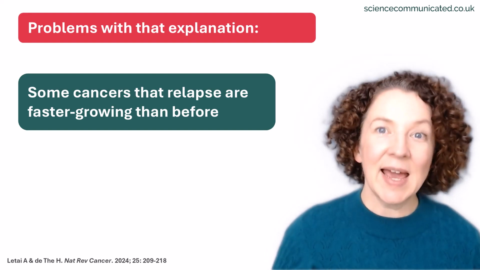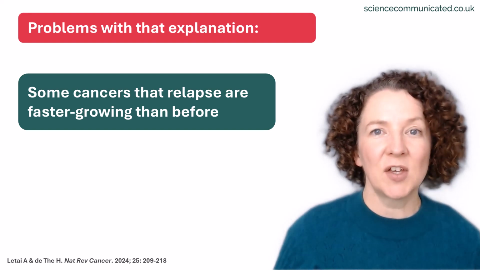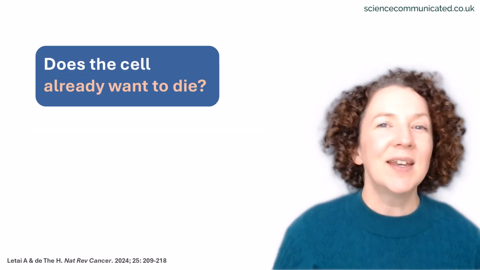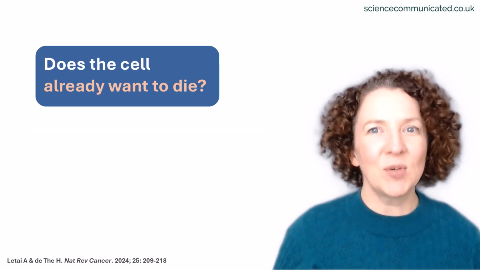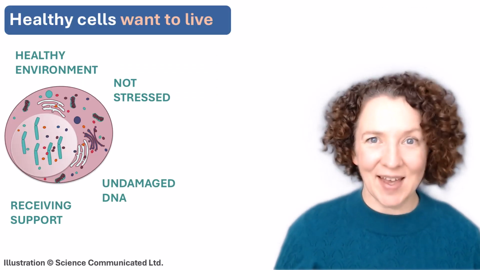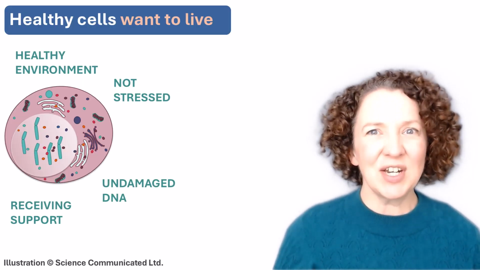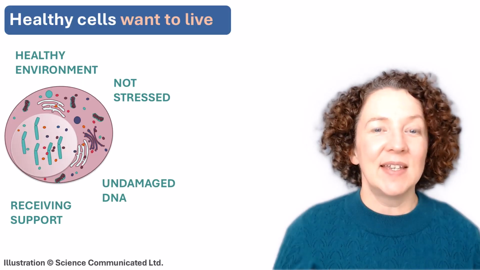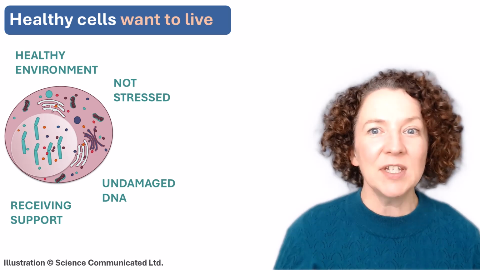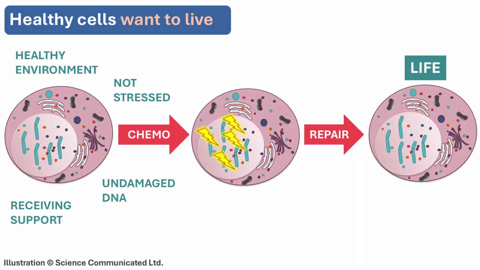Many scientists now think that what determines a cell's vulnerability to chemotherapy is whether it wants to live or it wants to die. Healthy cells, not surprisingly, usually want to live. Their DNA is intact, their environment is supportive, and when they're damaged, they repair themselves. When they're exposed to chemotherapy, they become damaged, but they recover.